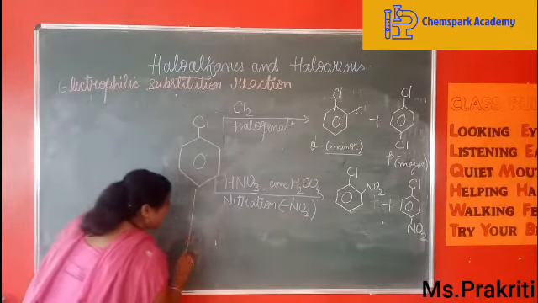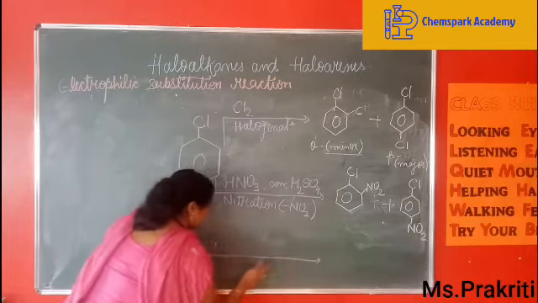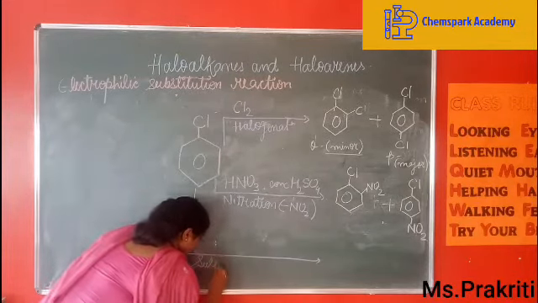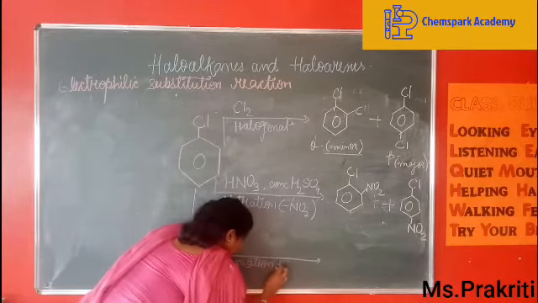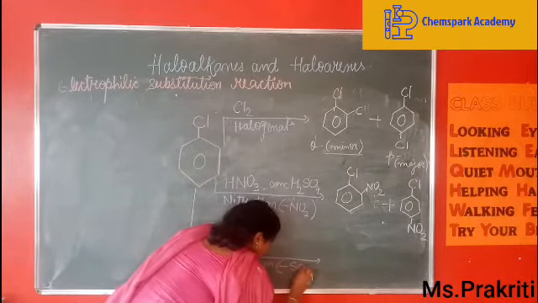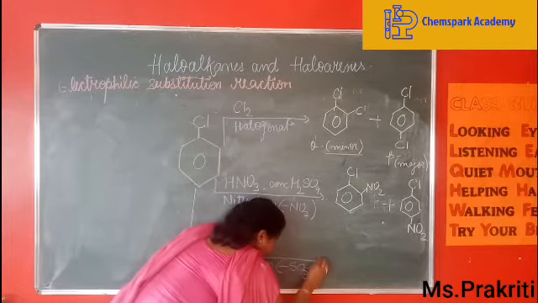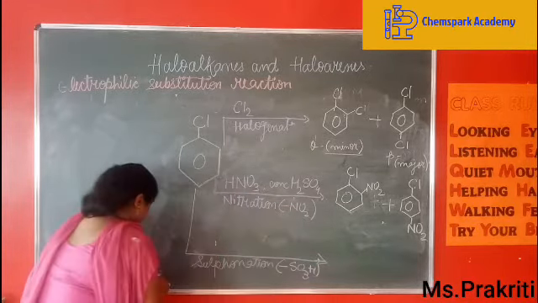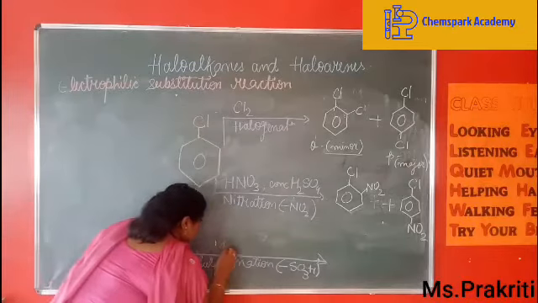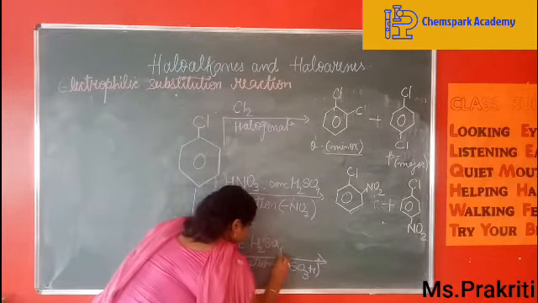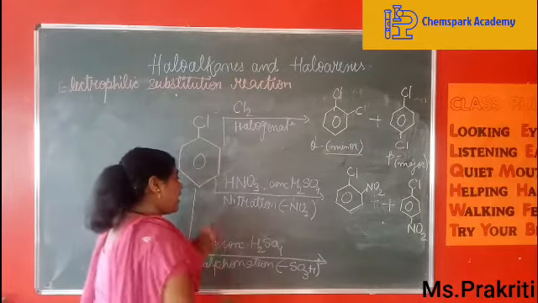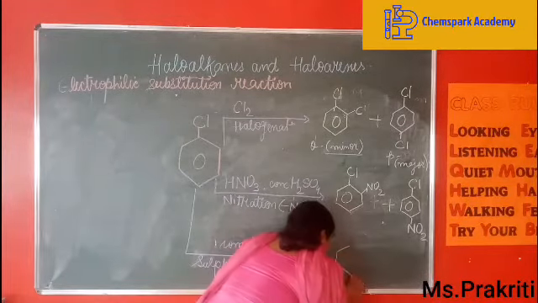Now the third one is the sulfonation. When we talk about sulfonation, we will introduce the SO3H group, and the condition will be this will react with the concentrated H2SO4. Again, we have two products.